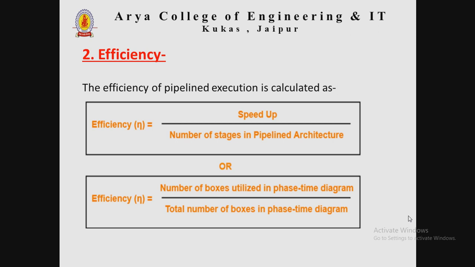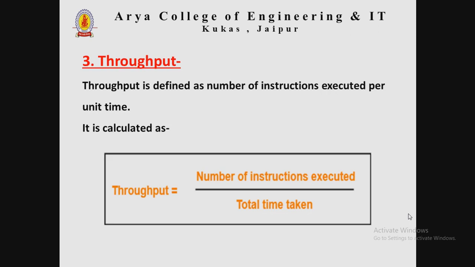Or simply we have another formula: efficiency N is equal to the number of boxes utilized in the phase time diagram divided by the total number of boxes in the phase time diagram. With the help of these two formulas, we can calculate the efficiency of the pipeline execution.